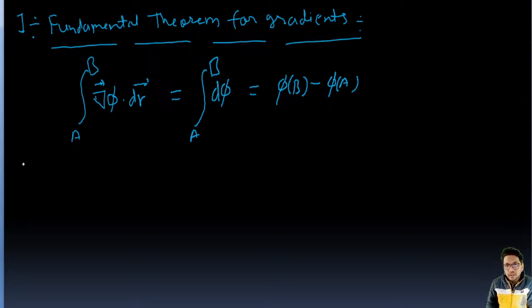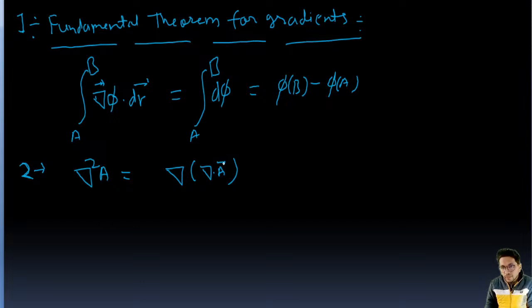There is a second property of the Laplacian. This is del square A, or Laplacian of A. The value of this is gradient of divergence of A, minus curl of curl of A. Last time I had to disconnect the class because of a technical error.